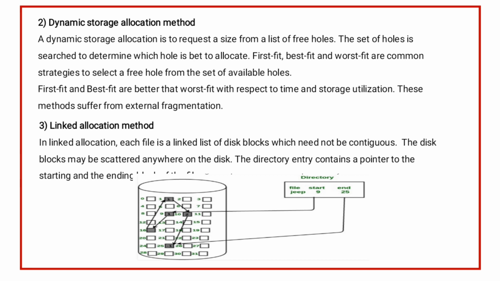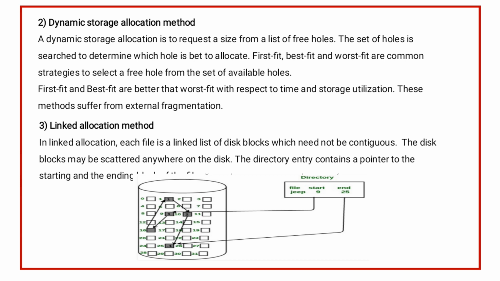Each block contains a pointer to the next block occupied by the file. There is no external fragmentation with linked allocation. Any free block can be used to satisfy a request. There is no need to declare the size of a file when it is created. A file can continue to grow as long as there are free blocks. It is never necessary to compact disk space.